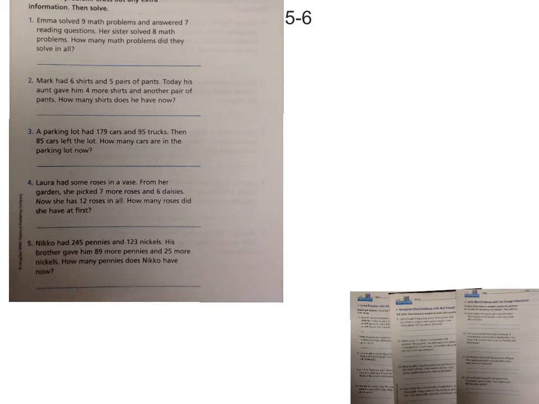Well, if you look, the question they're asking is how many math problems did they solve? Emma solved 9 math problems and her sister solved 8 math problems. So, the fact that she answered 7 reading questions is not needed for the question. Why don't we need this information?